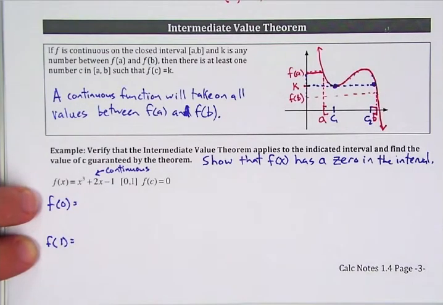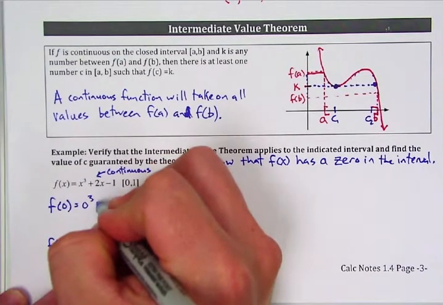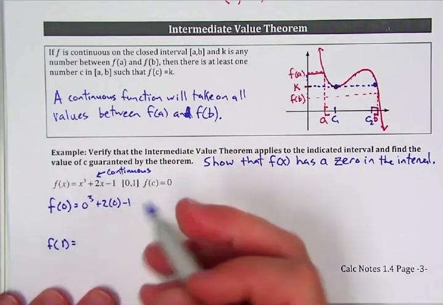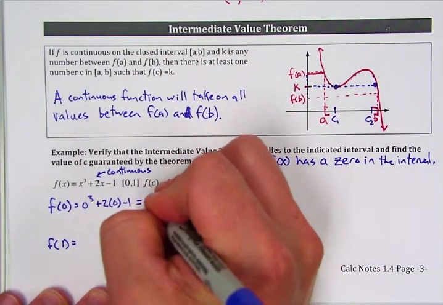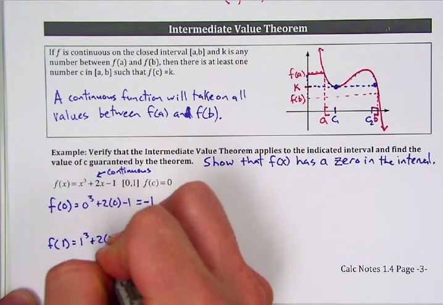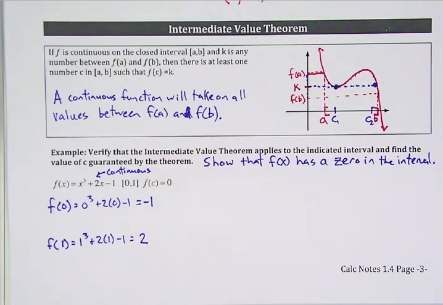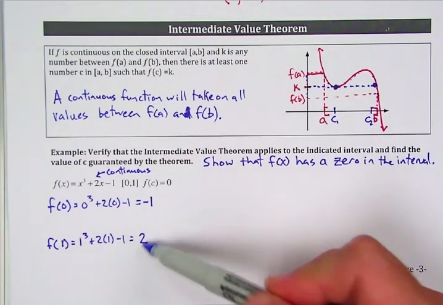So f of 0 is 0 cubed plus 2 times 0 minus 1, which just equals -1. Then f of 1 would be 1 cubed plus 2 times 1 minus 1, and that equals 2. So on this interval, 0 to 1, we know that it goes from -1 to 2.